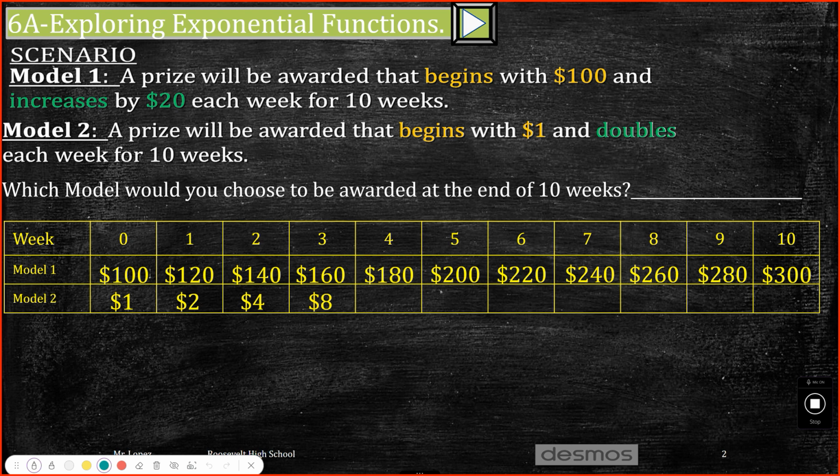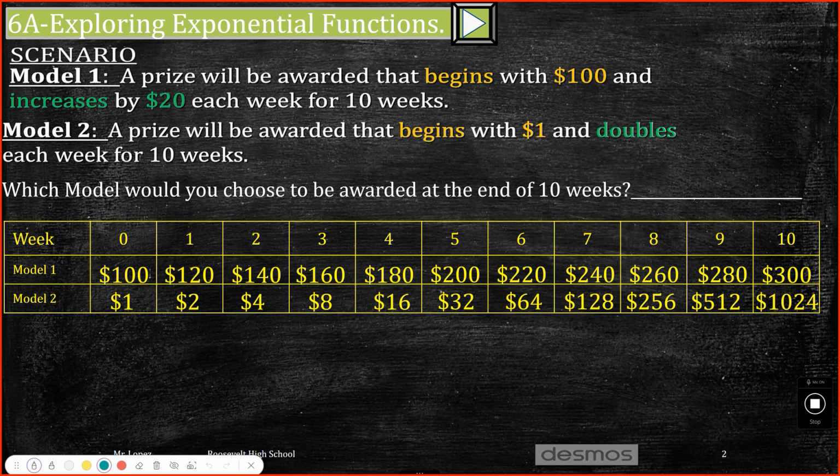What's the next amount? 16 is correct. 32. 64. 128. 256. 512. 1024.